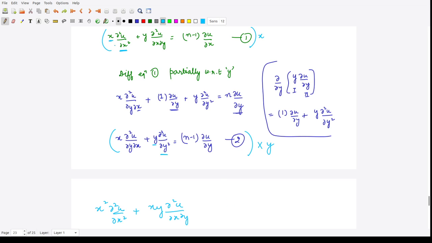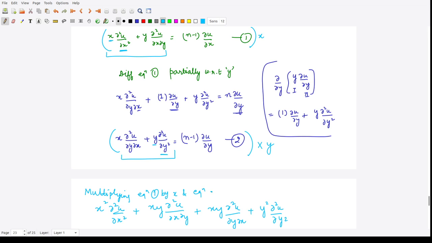When we multiply this by x it would be this, and then when you multiply the other by y and add them, it would be xy into del 2u by del y del x, and then plus y square del 2u by del y square. So what we are doing is multiplying equation 1 by x and equation 2 by y and adding.